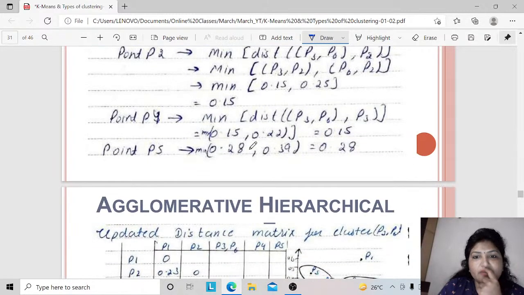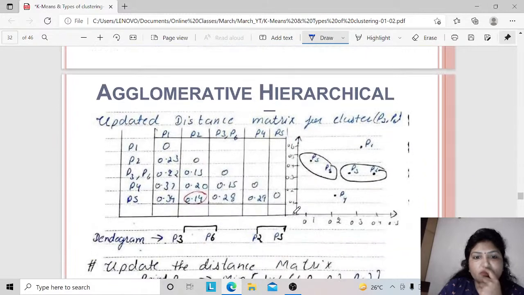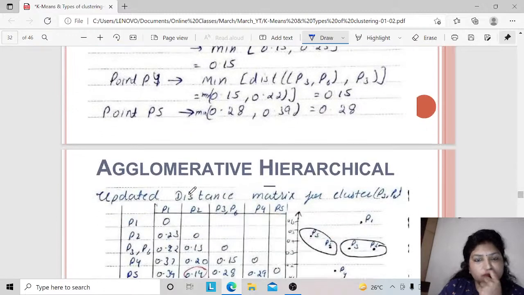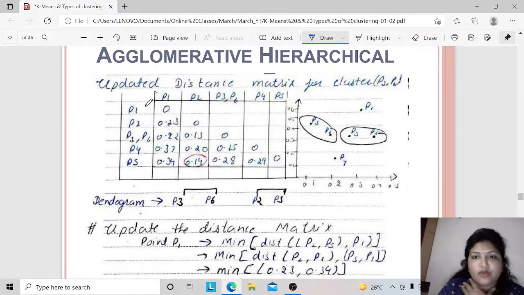You take two distances and again derive this matrix, and this would be my first cluster. Again the minimum distance, between P3, P5 and P6, would be P2 and P5.